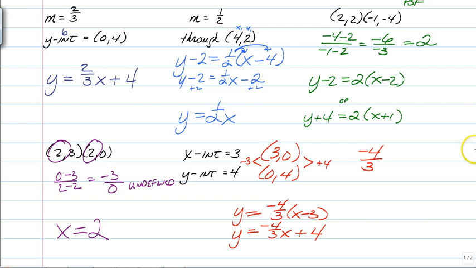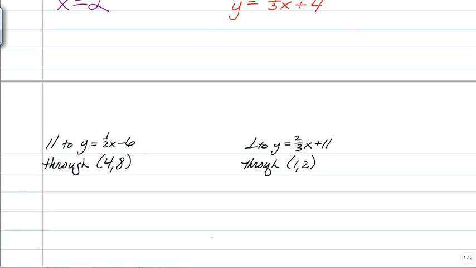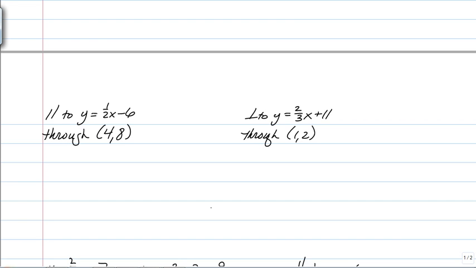Okay, now we need to move on. We're going to talk about parallel and perpendicular equations. So this just looks like it's more complicated, but really it's not. The only thing this is saying is write a line that's parallel to y is equal to 1/2 x minus 6. Well, the only thing you need is the slope of this line, and the slope of this is 1/2.